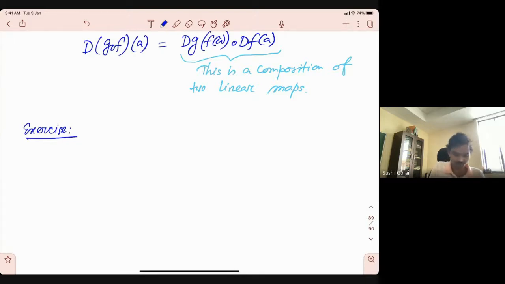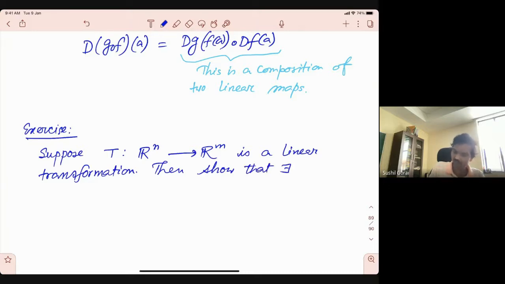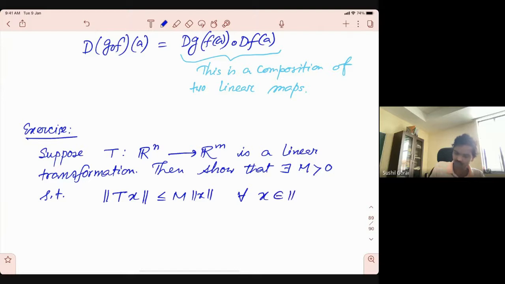Suppose T from Rn to Rm is a linear transformation, then show that there exists a number M greater than 0 such that norm of Tx is less than or equal to M times norm of x for all x in Rn.